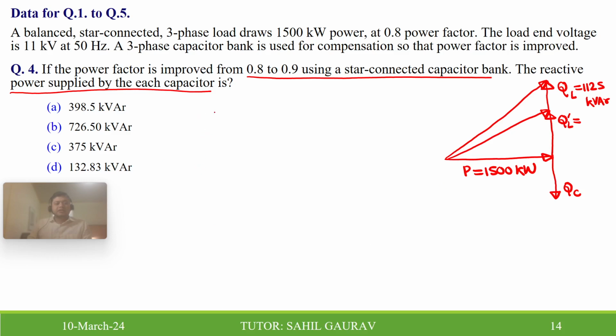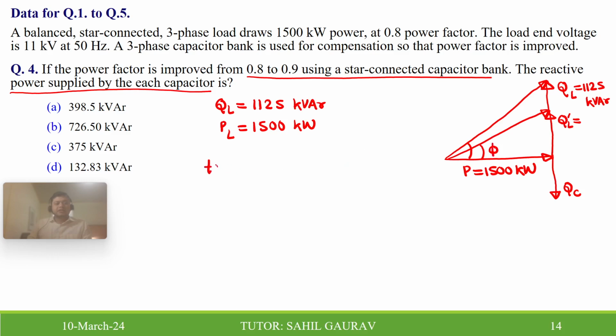QL we have already found, that is 1125 kVAR previously, and PL that is given in the problem is 1500 kilowatt. This is the power triangle before the compensation, and suppose this is the power factor angle after the compensation.